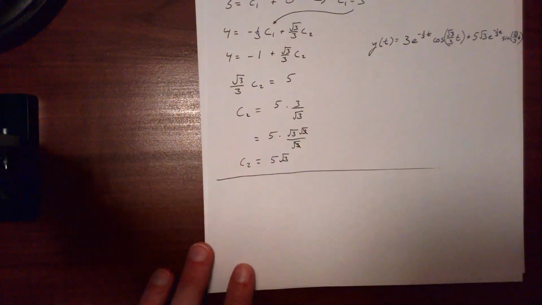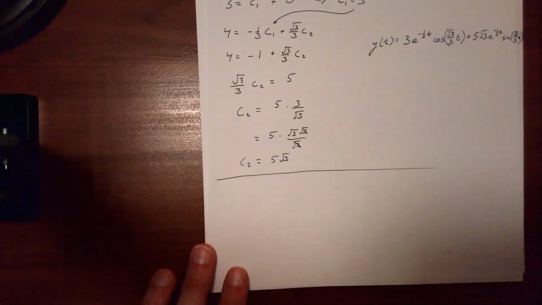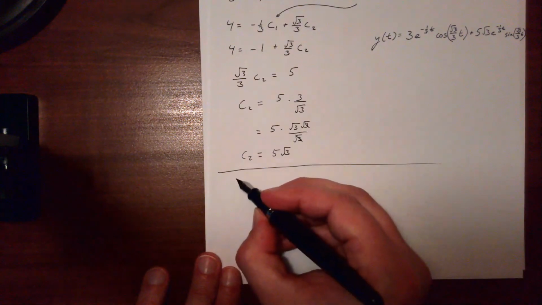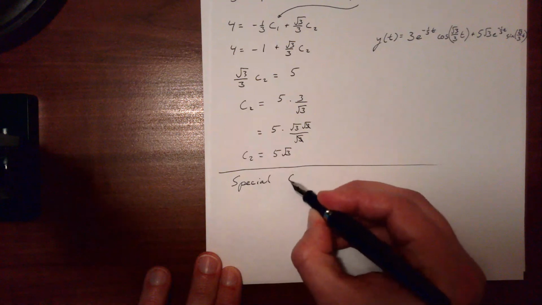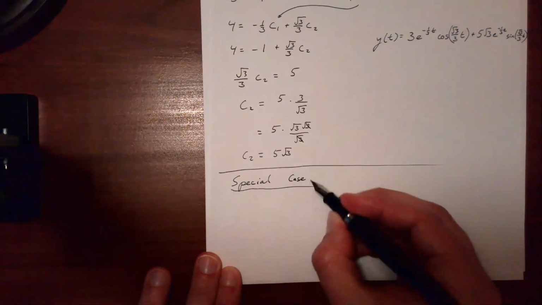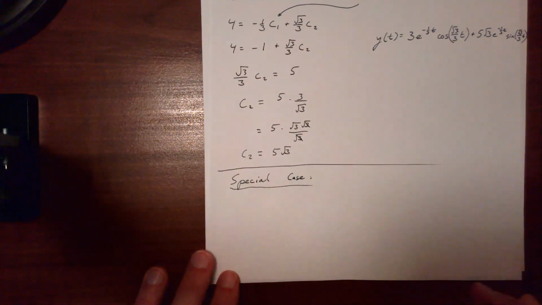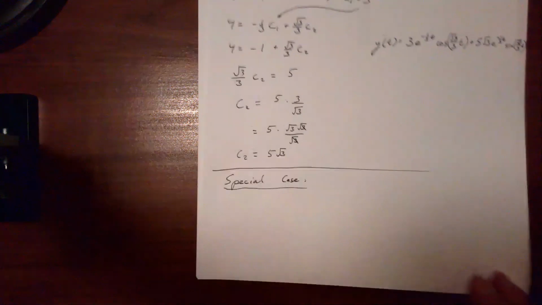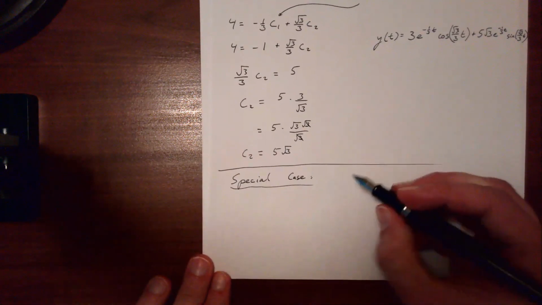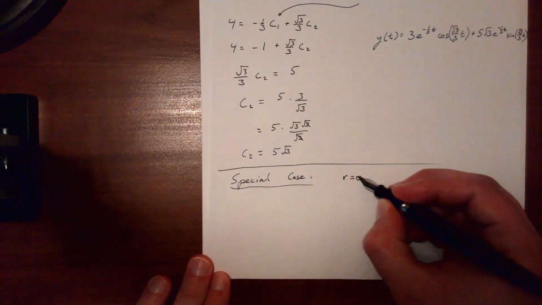And so there we go. And then I just want to talk about one other special case. It's not really that special, it just looks a little weird, but in fact if you carefully examine it, it follows the pattern precisely, and that's where r equals 0.